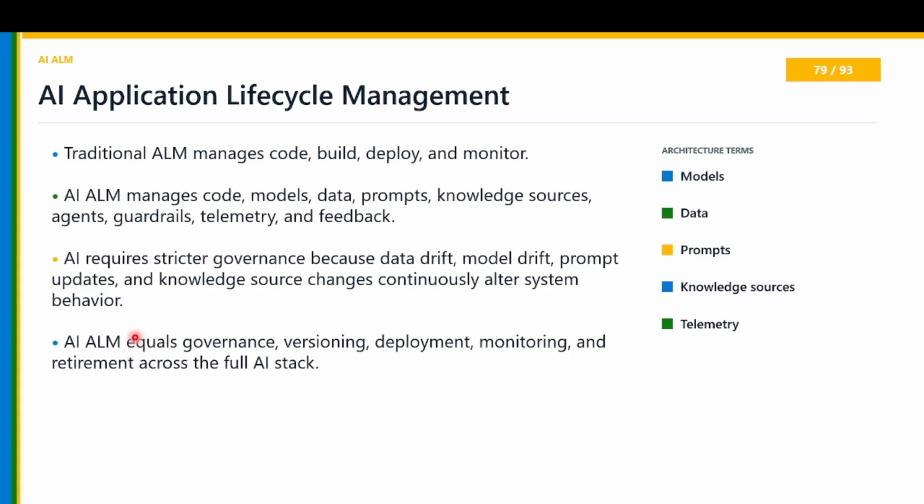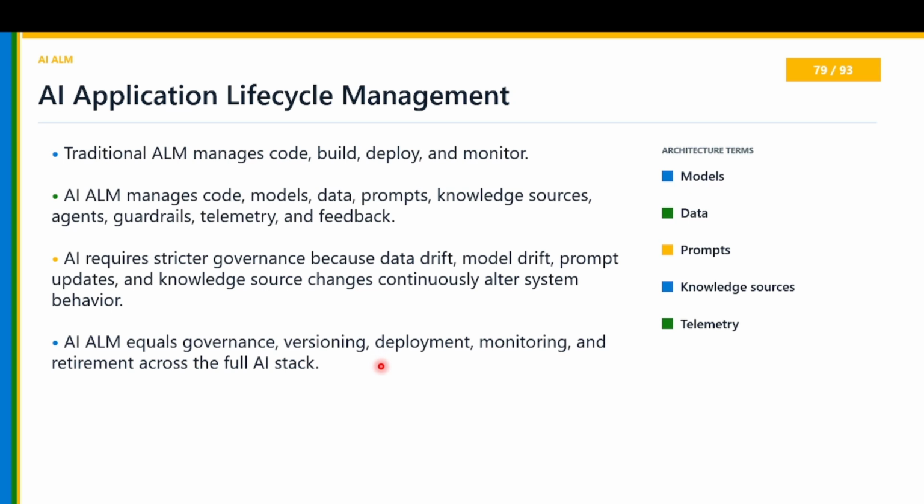So AI ALM equals governance, versioning, deployment, monitoring, and retirement across the full AI stack. When AI ALM is mentioned, these are what should come to your mind. AI ALM should cover governance and security guardrails using Microsoft Purview, Azure Monitor for telemetry and log collection, role-based access control, and Microsoft Entra ID for governance, and so on.